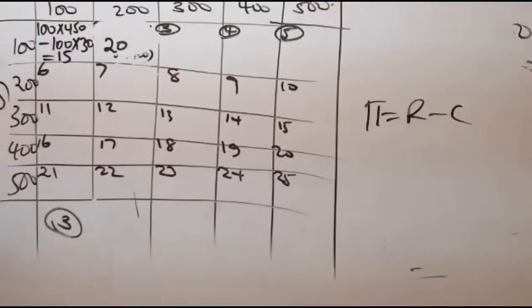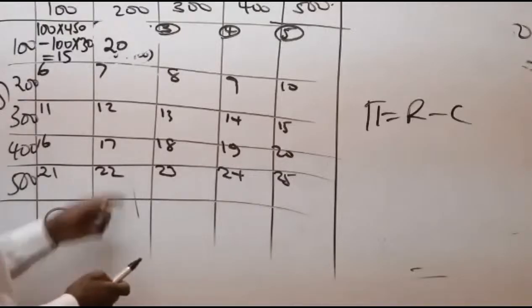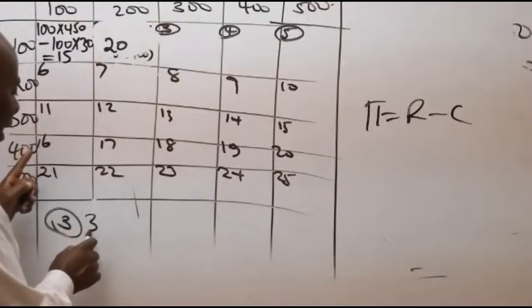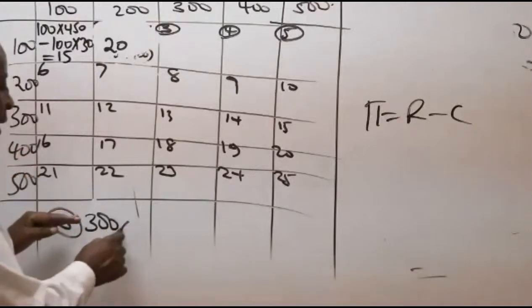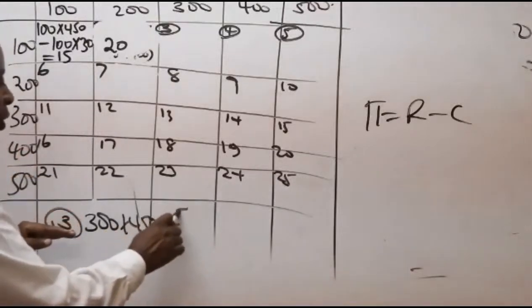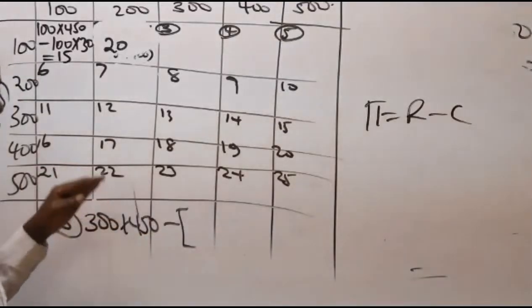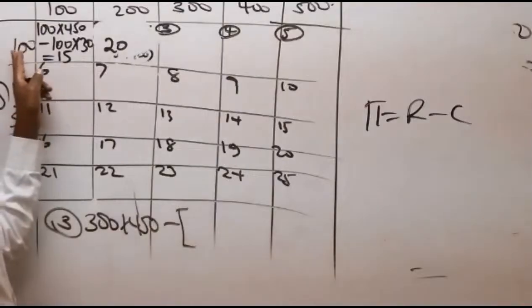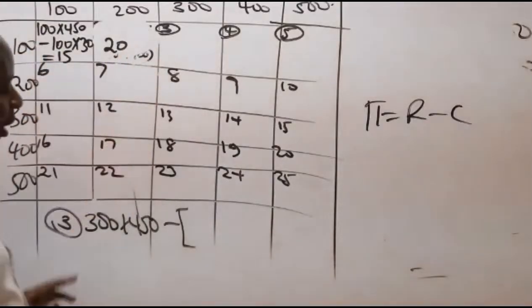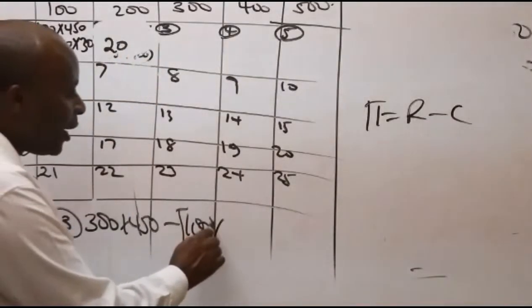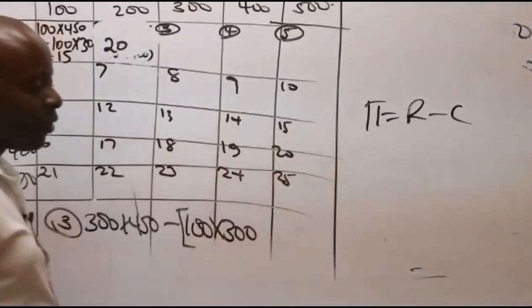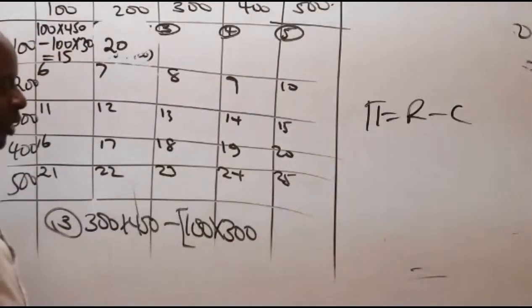In this case, they're telling me to take 300 units, because you have to sell to everyone, times 450. But the costs are going to be two. We have the normal cost of the order we had supplied earlier of 100, and the normal cost is going for 300.